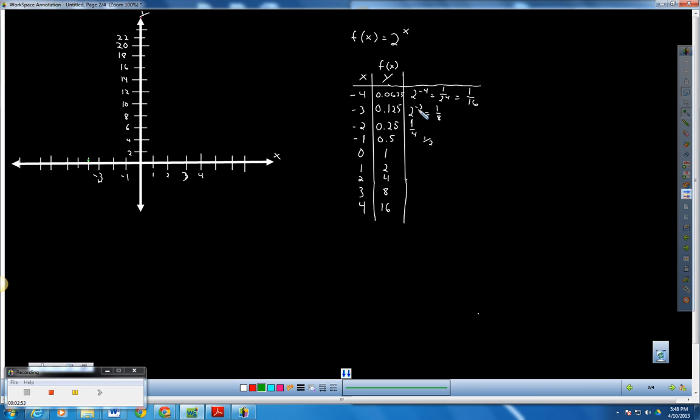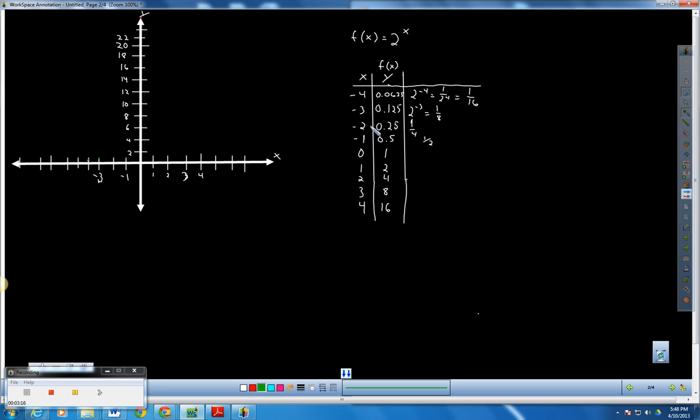At -3, that's the same as 2 to the -3rd, which is 1/8. I know that 1/8 is 0.125. By the way, I figured all these out as fractions first, and then I worked my way back up. You are smarter than a calculator. So at -3, we have 1/8. All right, let's just go ahead and put a little plot right there.